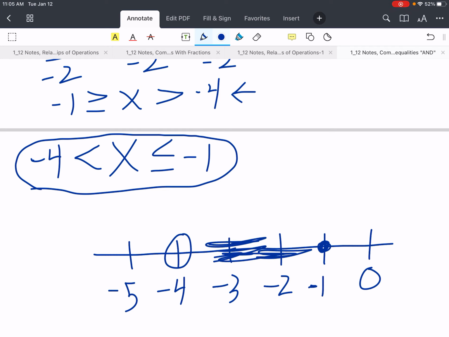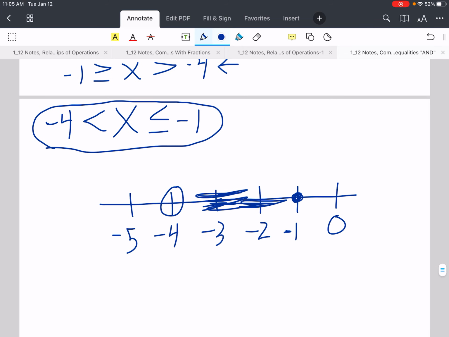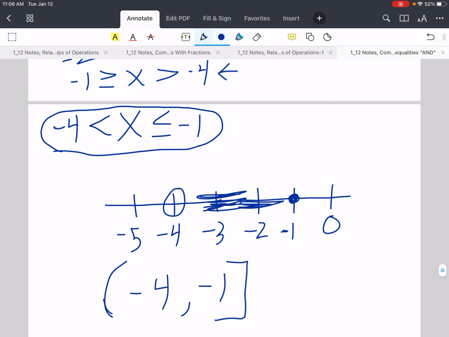And that's where my x value has to fall. And my interval notation, I would have a parentheses, -4, because it's an empty circle, and then all the way to -1 with a bracket, because it's less than or equal to -1. Hope these make sense, and let me know if you have questions.